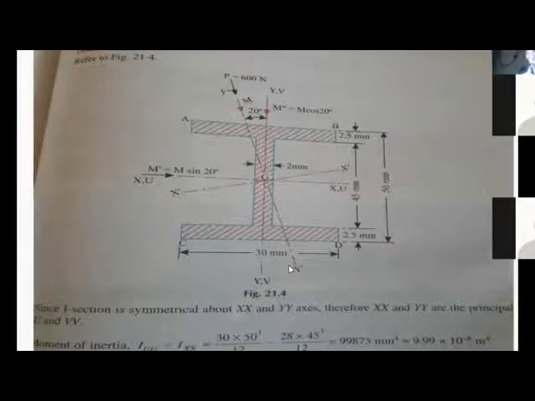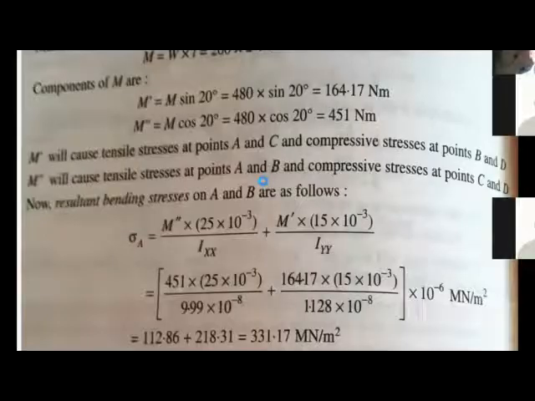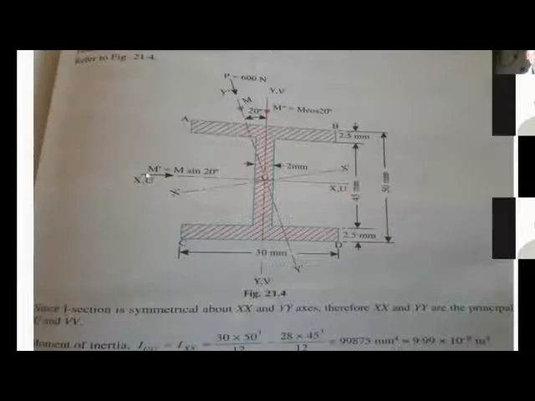Similarly, when you take the moment about the YY axis or VV axis, it is pushing the member from the left hand side. When a cantilever is pushed from the left hand side, it bends convex to the left and concave to the right.